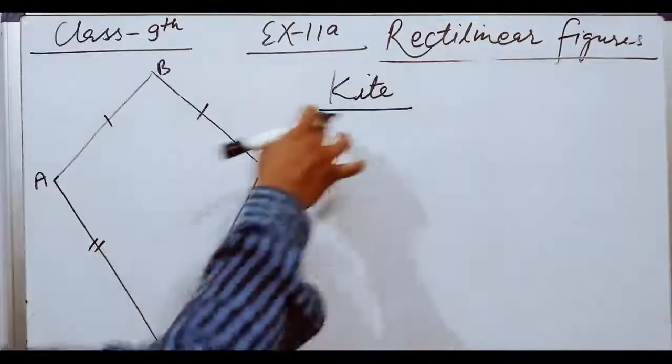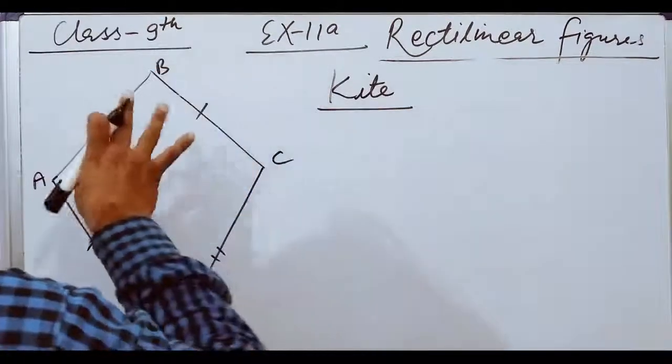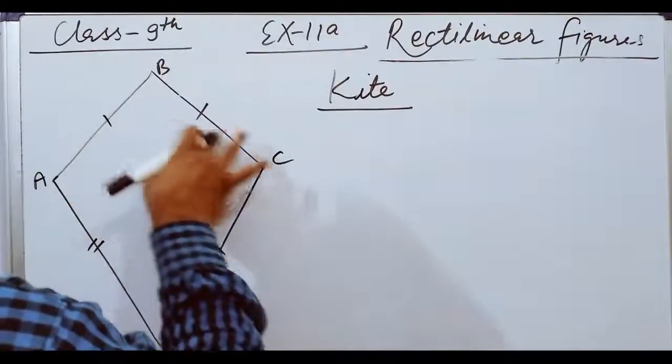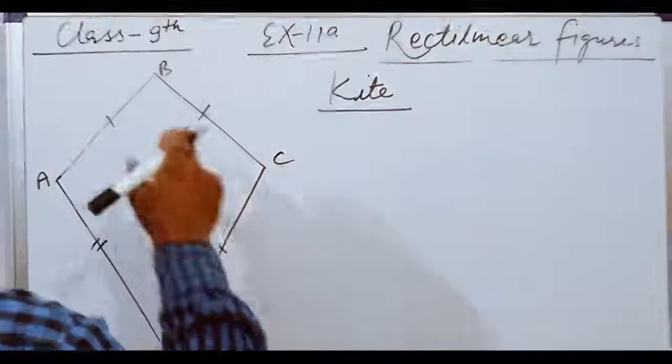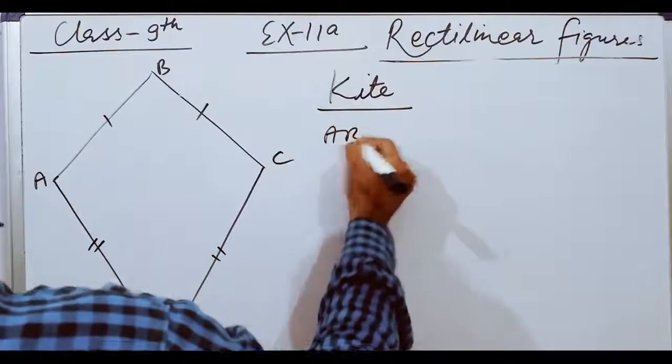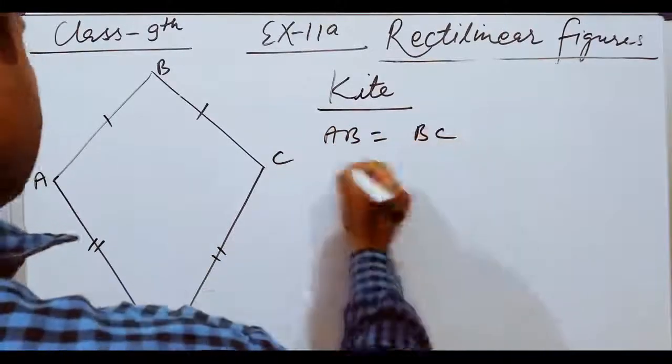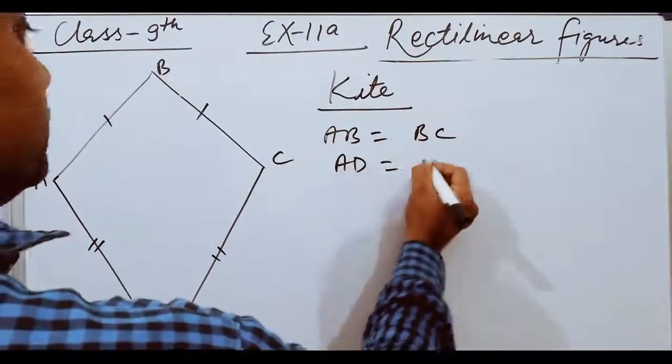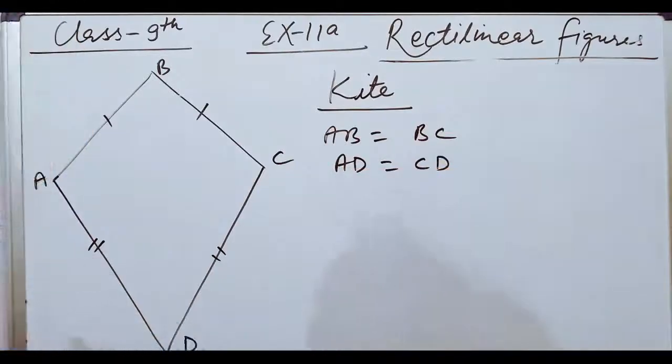Now, dear students, kite. In a kite, two adjacent sides are equal, meaning AB equals BC and AD equals CD.